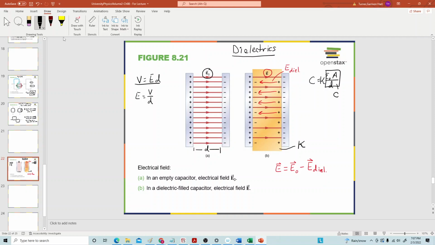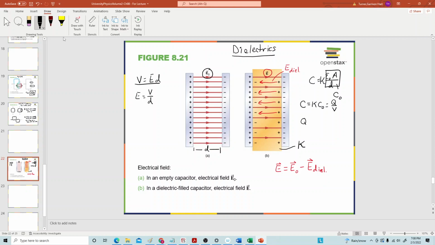Let's call this C naught. So C naught is the capacitance for a non-dielectric capacitor. When you have a dielectric present, this is equal to K times C naught. And therefore this is equal to Q over V.